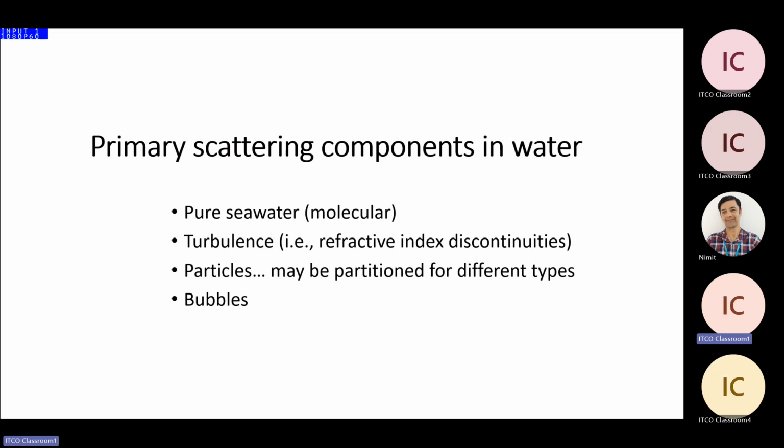And then sometimes you have very large gradients when you have, like, a river outflow, et cetera. But even in the open ocean, you still have micro gradients in refractive index. So as light passes through, it's going to deflect the beam a little bit. So that's turbulence, and it's typically at the very, very small angles where you see that. Particles are obviously very, very important, and they really dominate in most locations the color that you're seeing in the water, and bubbles.